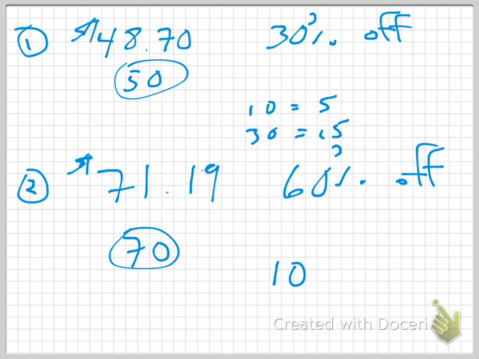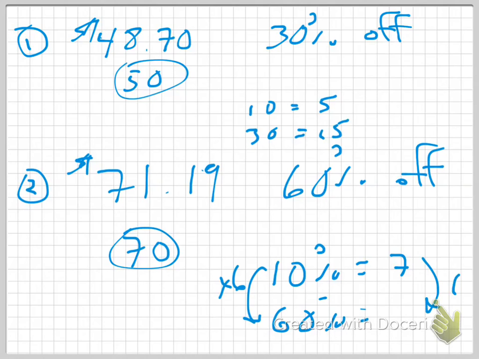If 10% is 7, then 60% is, well, this was multiplied by 6, so this is going to be multiplied by 6, which is 42. Make sense? That's how much off it is. If I was to ask you how much the item is now, you would take away 42 from 71.19, and that's about how much it's going to be. Does that make sense? What about this?